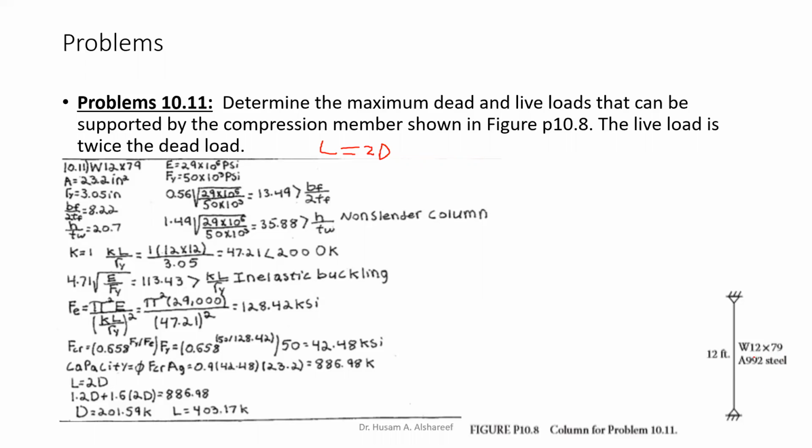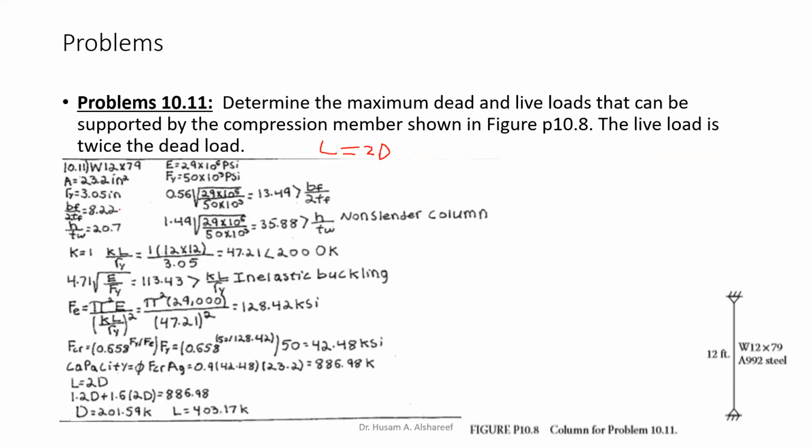The good thing is that the shape type is given, which is W12x79. So if you go to two pages from the appendix, page 436 and page 440, you should be able to find all these values, the area of the section, the ry, and this value and this value from these two pages.